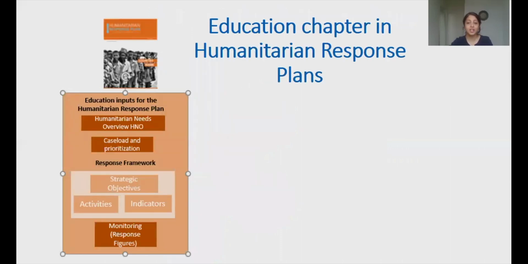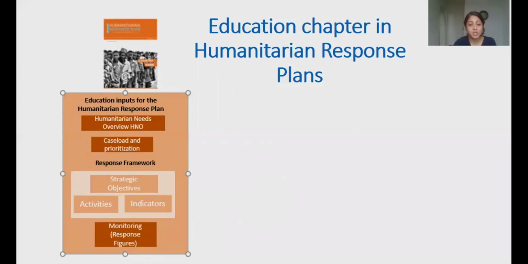And here you can see how the education chapter feeds into the humanitarian response plans. Essentially, what does the education chapter look like? What are some of the key elements? Now, the education inputs for the humanitarian response plans involves a needs analysis. So what are the education-related needs of children and youth affected by emergencies and conflict?